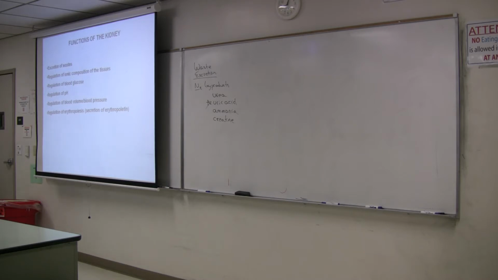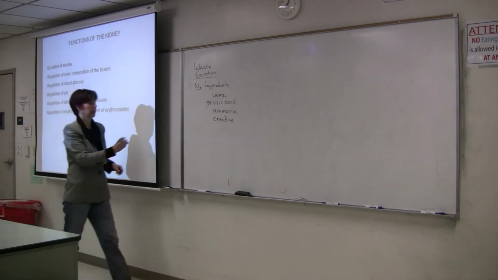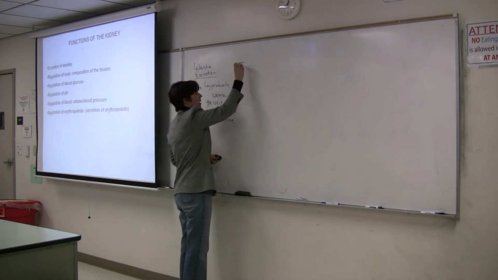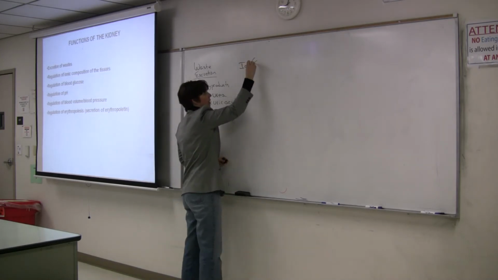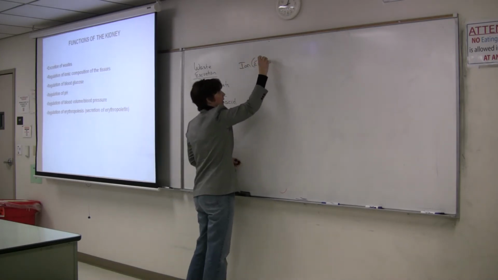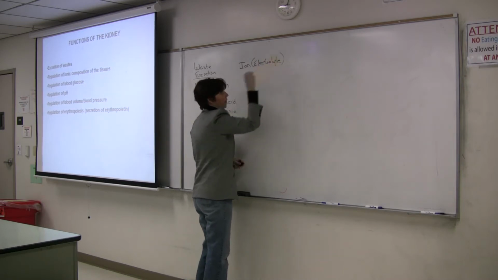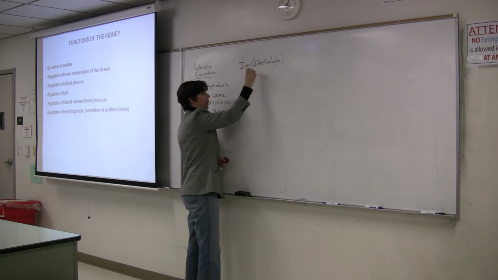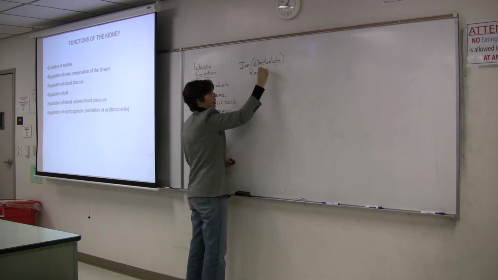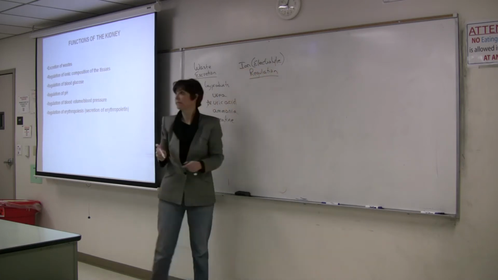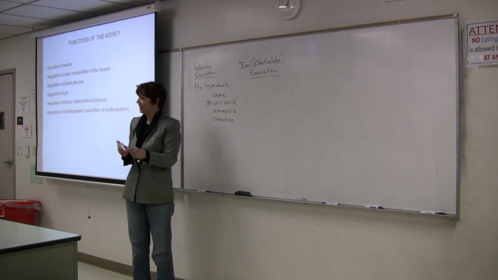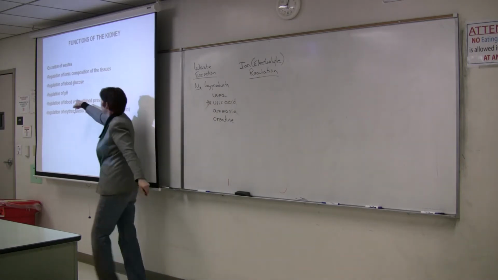All right, regulation of the ionic composition. So ion or electrolyte regulation. What are the first ions that you think of when you think of kidney function? Sodium. Hydrogen? Hydrogen. Really? Okay, that is true.